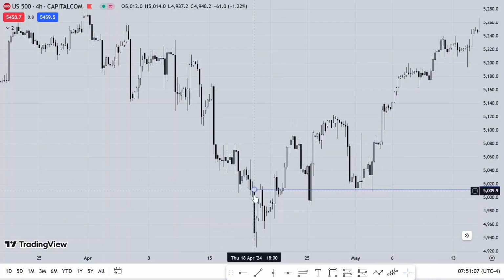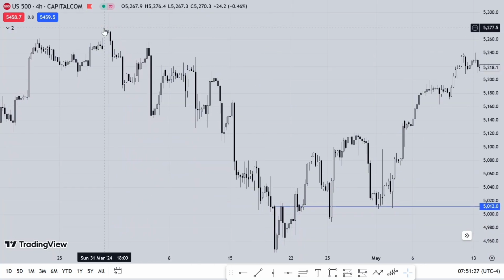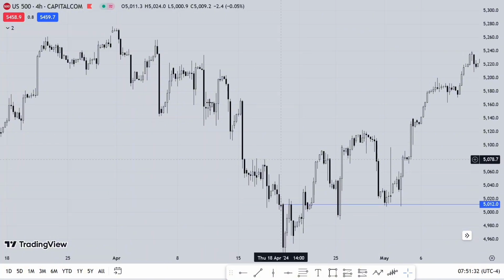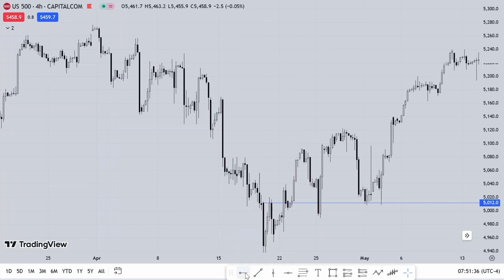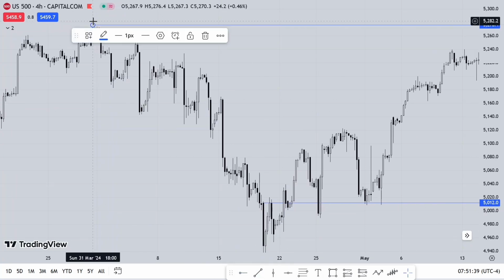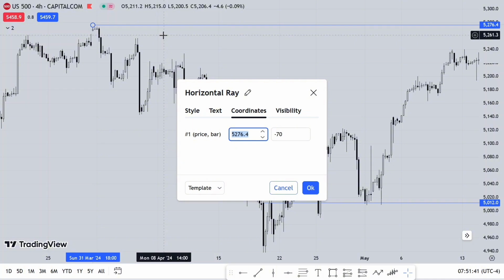When price expanded to the upside, this last down close candle now will be of interest to smart money traders, because this was where they last entered their buy position. Their draw on liquidity is buy side. They have purged out sell side liquidity and they are interested in buy side liquidity. And when you are interested in buy side liquidity, that means you are expecting higher prices in the marketplace.